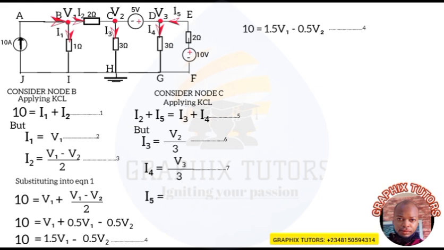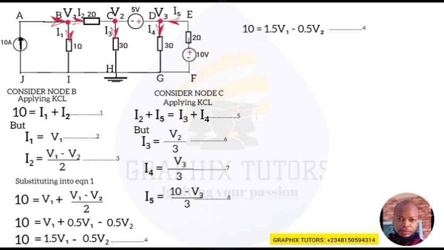I5 now is equal to the voltage from where I5 is coming from. You can look at my arrow, coming this way, and we have 10 volts minus the voltage to where I5 is going to, which is V3, so minus V3, divided by the resistance in between them, which is 2. So we term that my equation 8.